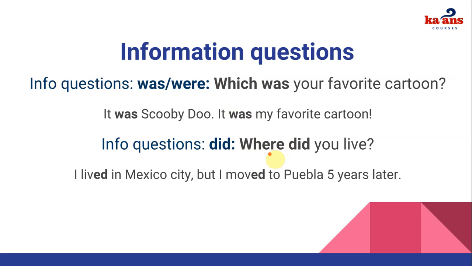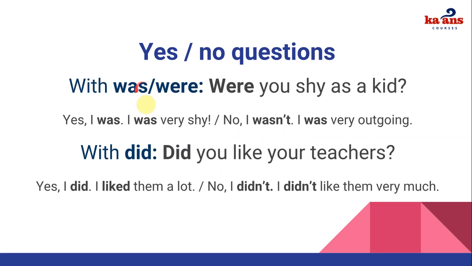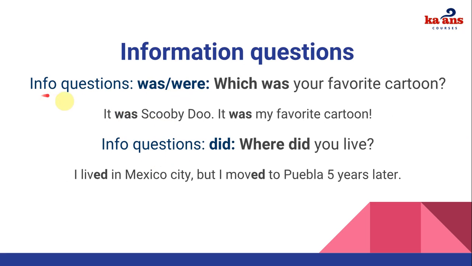So we're not going to have the answer yes or no because it is not asking that type of information, but it is focusing on specific. Depending on the information question, you're going to have a specific type of answer. Again, we have similar to the previous one with was and were and with did. So, information questions with was and were. Which was your favorite cartoon?